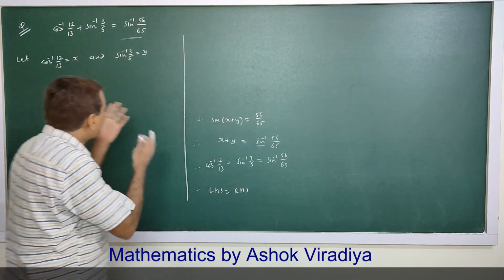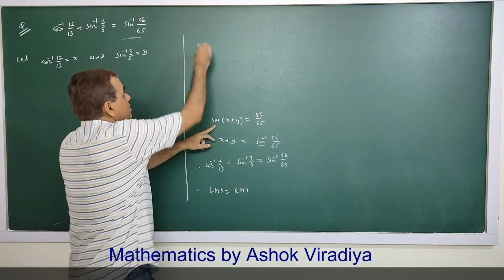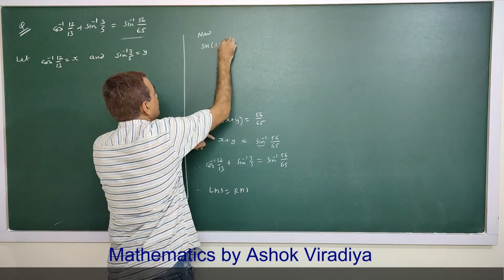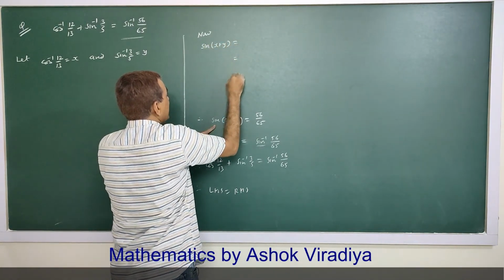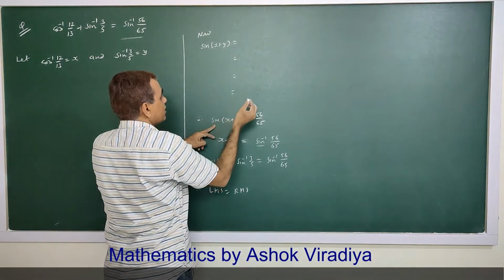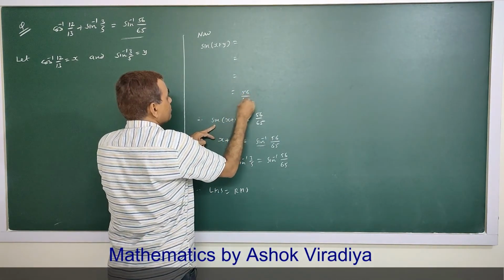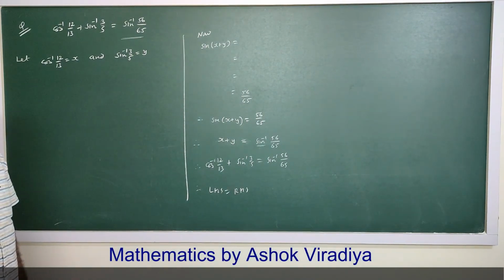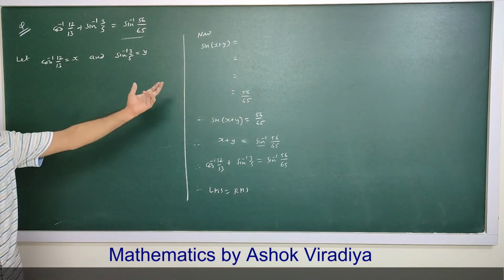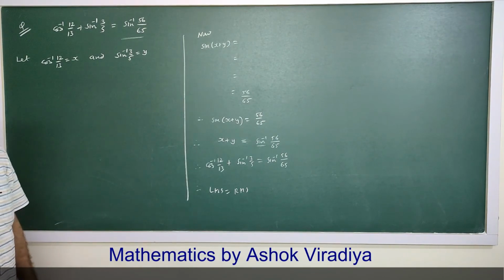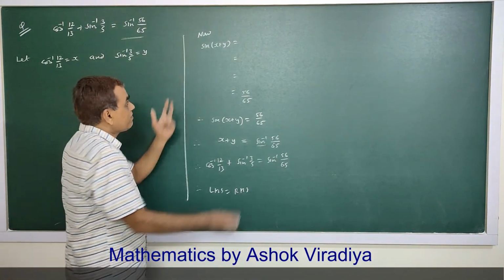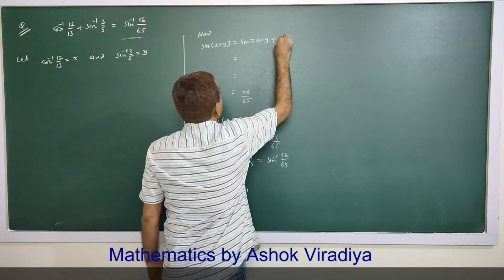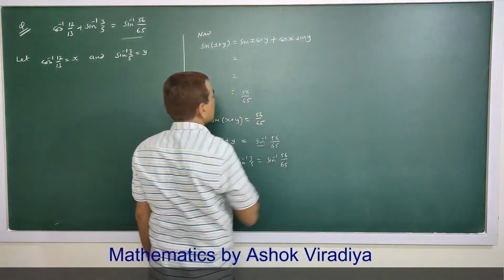So that means now in this question we want to prove that the value of sine of x plus y equals 56 by 65. That is the question. Prove that sine of x plus y is 56 by 65. Now to get the value of sine of x plus y, the formula is sine x cos y plus cos x sine y.